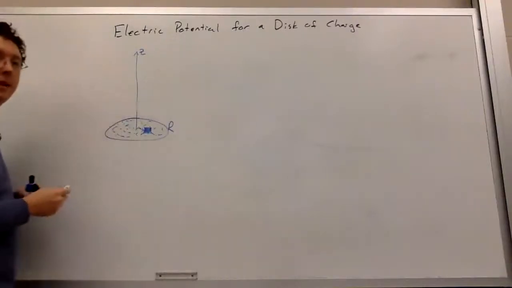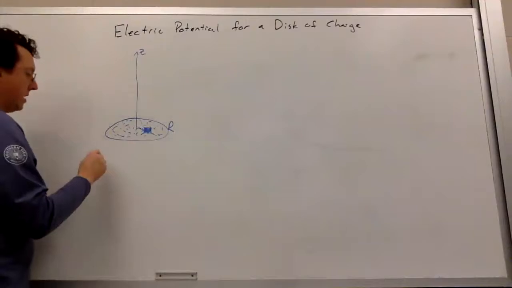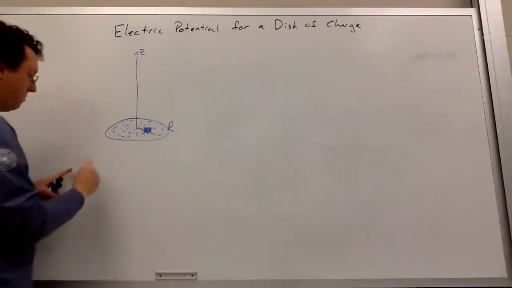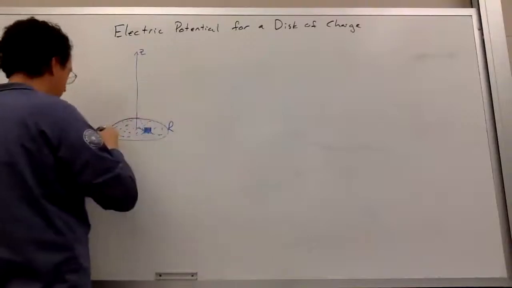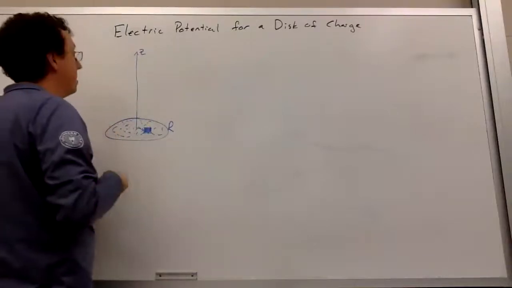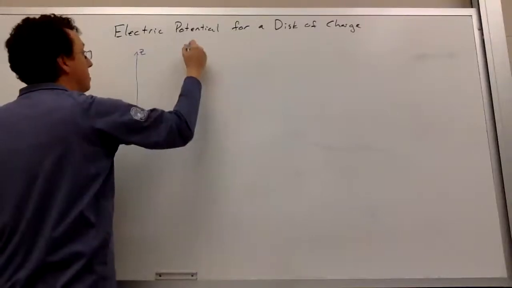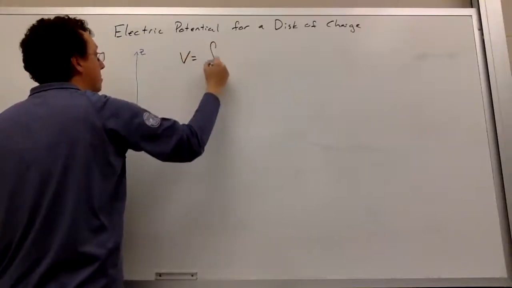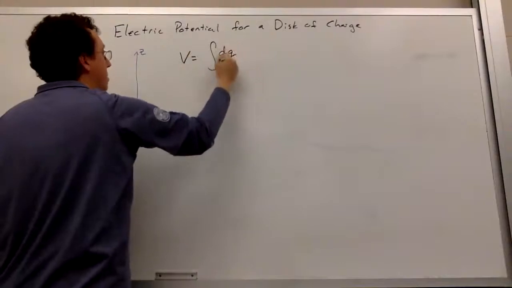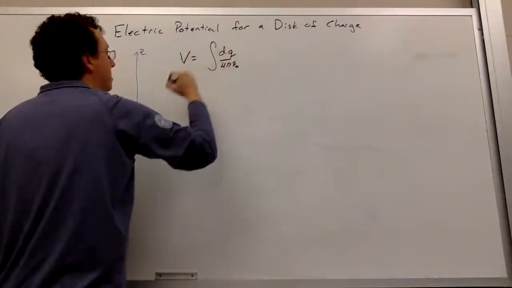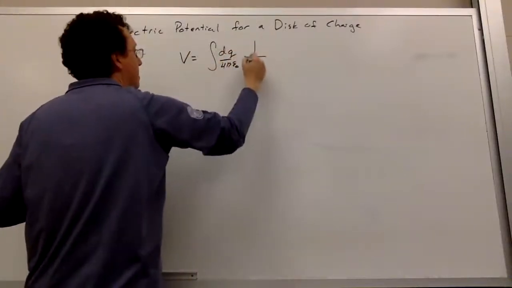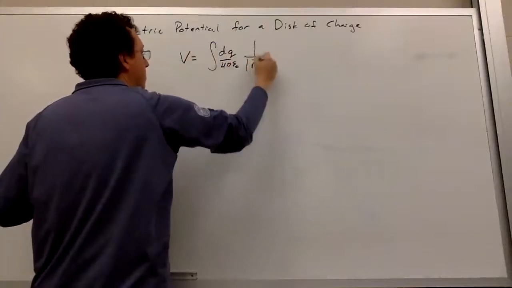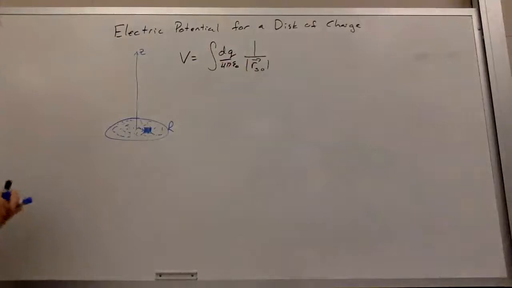It's really the same kind of analysis that we had before. The general formula is, as always, that the potential equals the integral of dq over 4 pi epsilon naught divided by the distance from the source charges to the place where you make an observation, r_SO, the relative vector.